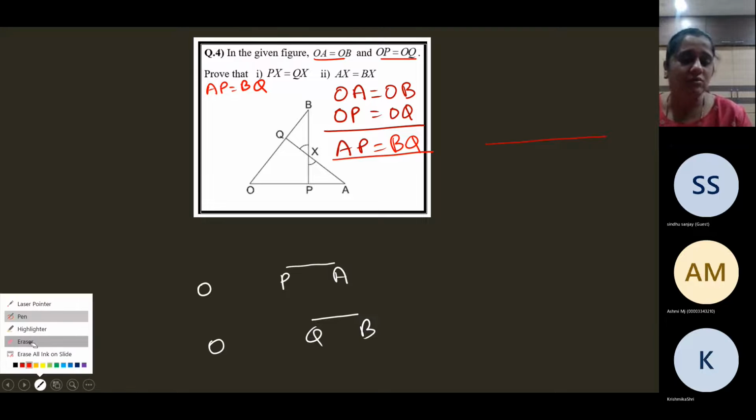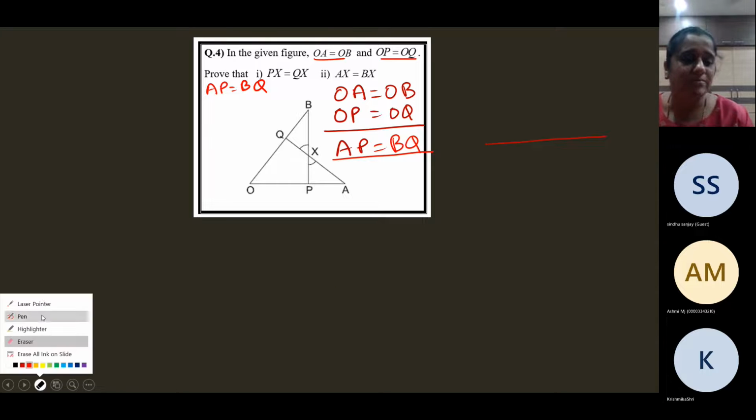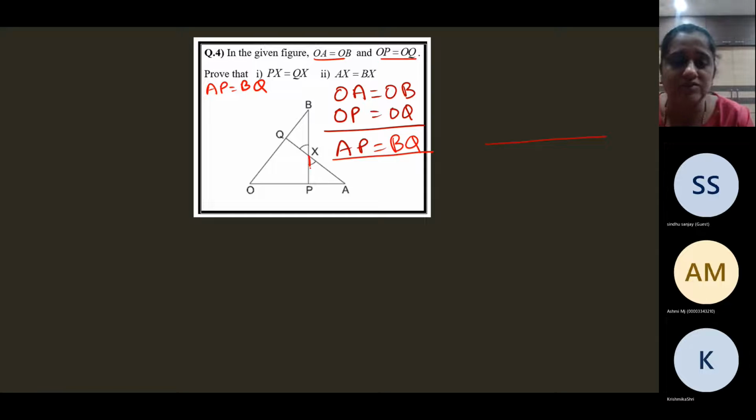All right. Now we have to prove that PX is equal to QX, and AX is equal to BX.